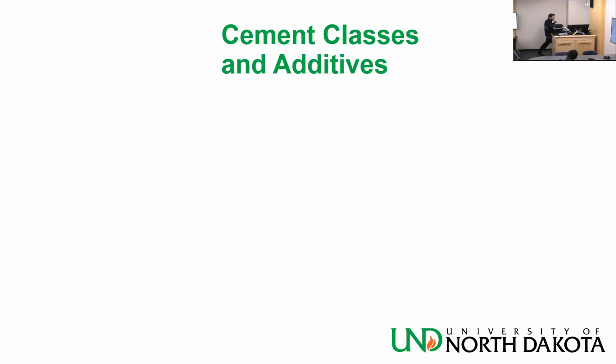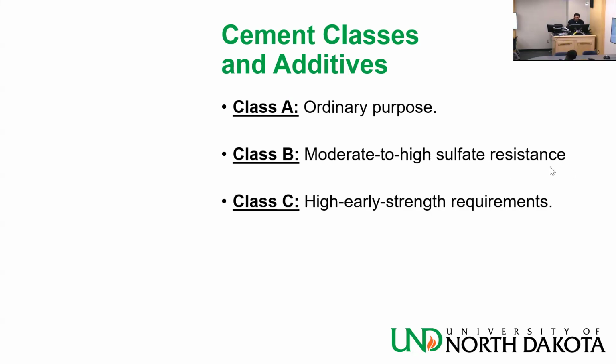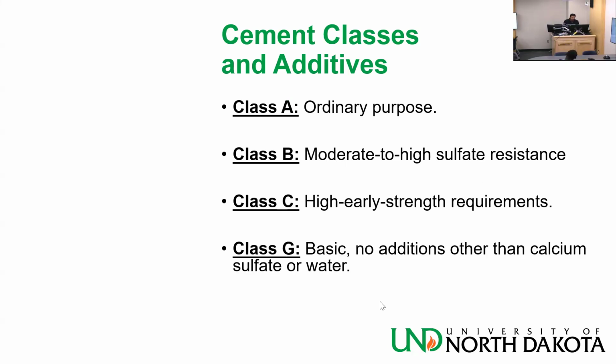The most common ones that you see in the oil field, though not the only ones, are A, which is ordinary, the most vanilla kind of cement. B, moderate to high sulfate resistance. C, high early strength requirements. G, basic, no additions other than calcium sulfate or water.